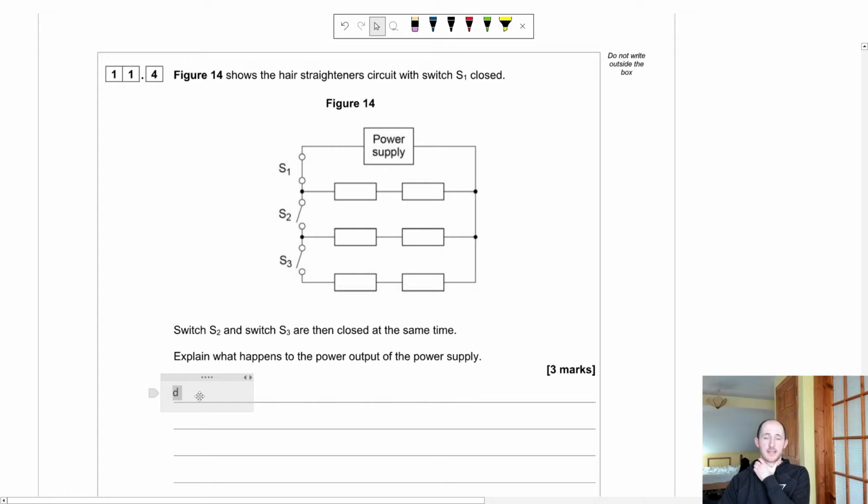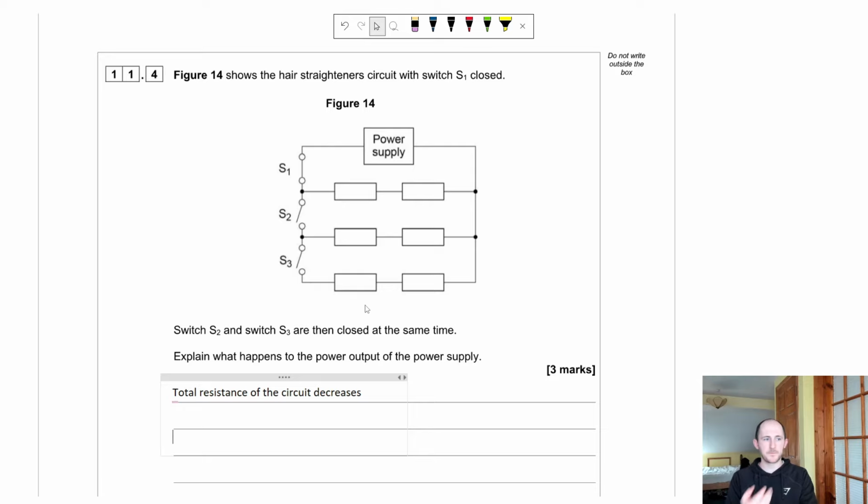Well, the first thing you should note is that the actual resistance in the circuit decreases because these are all connected in parallel. And remember, in parallel, resistances actually decrease because they add as 1 over the resistance. So, overall, the total resistance of the circuit decreases. And that's because resistances in parallel actually become smaller.